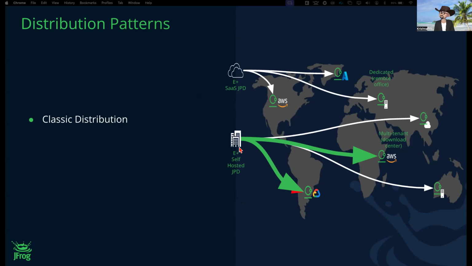Technically, you're deploying to your other edge servers. This classic pattern is ideal for enterprises with a clear central-to-remote distribution model, and useful for global distribution where edge nodes provide faster local access.